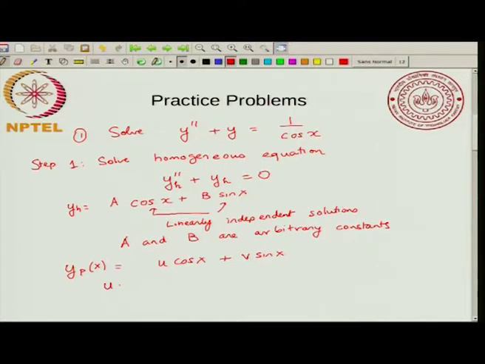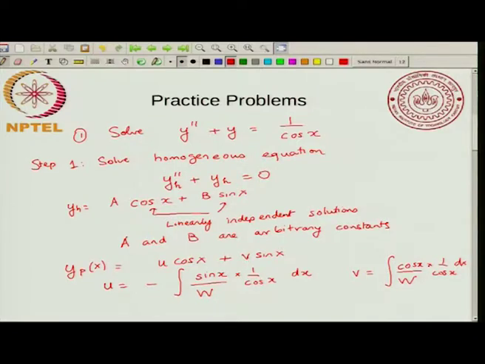So u is equal to minus integral of the second function, sin x, into the right hand side, 1 by cos x, divided by W, dx, and v is the integral of cosine of x into 1 by cosine x dx divided by W.